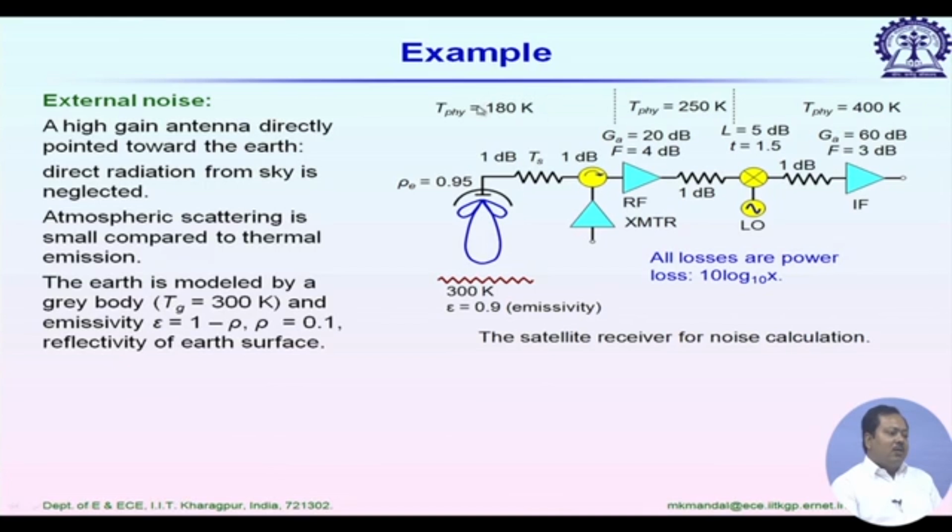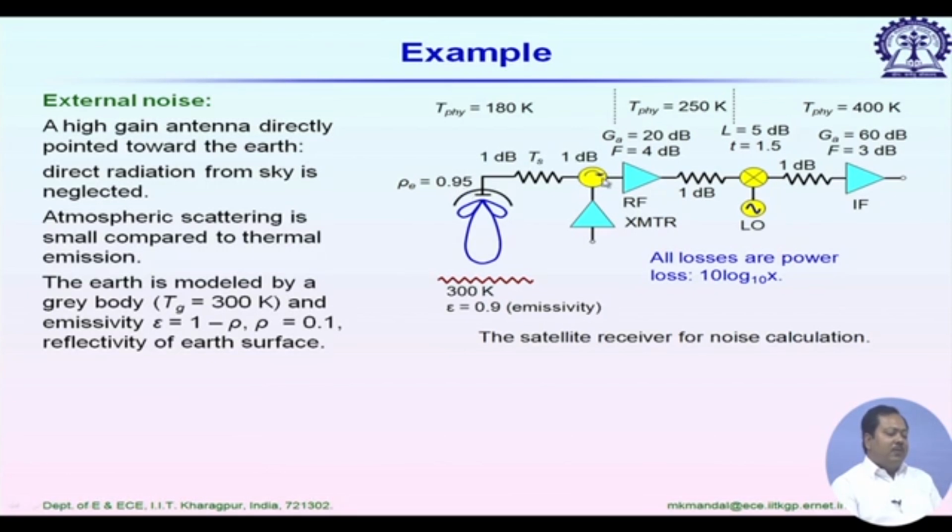It is quite low, but it may happen in space. The loss of this connecting section is given as 1 dB. We also have some loss from the circulator, which is 1 dB. And look at the antenna: antenna efficiency is 95%, or rho e is given as 0.95.